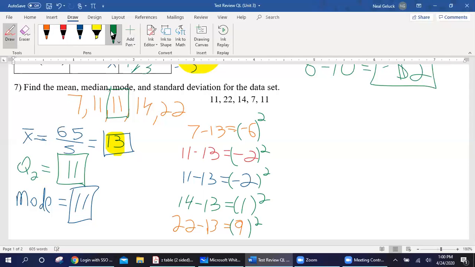If I square each one of these, that's going to give me 36, 4, 4, 1, 81.